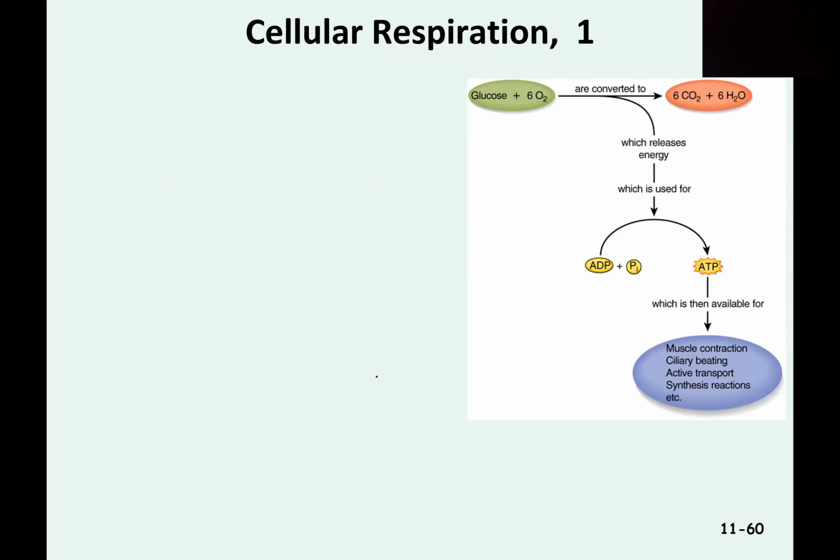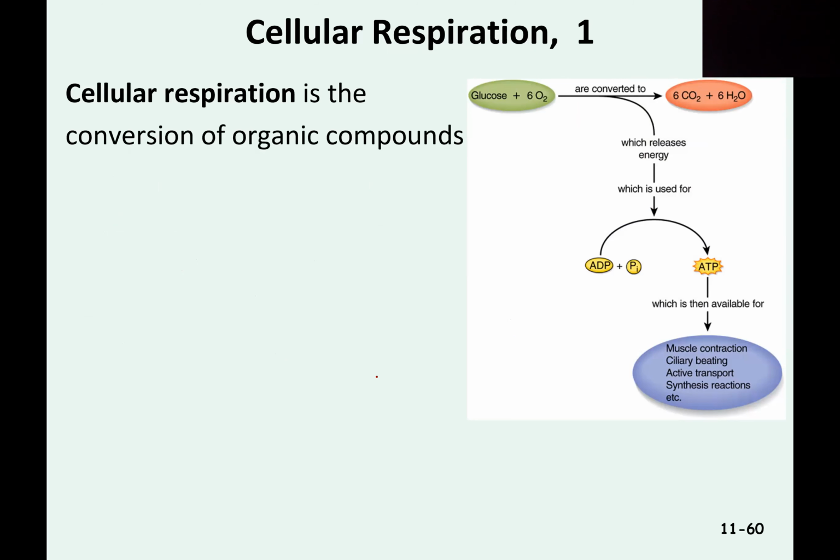Cellular respiration is how we make ATP. There's a generic equation, and there's also some specific equations. Cellular respiration is defined as the conversion of organic compounds into ATP molecules.